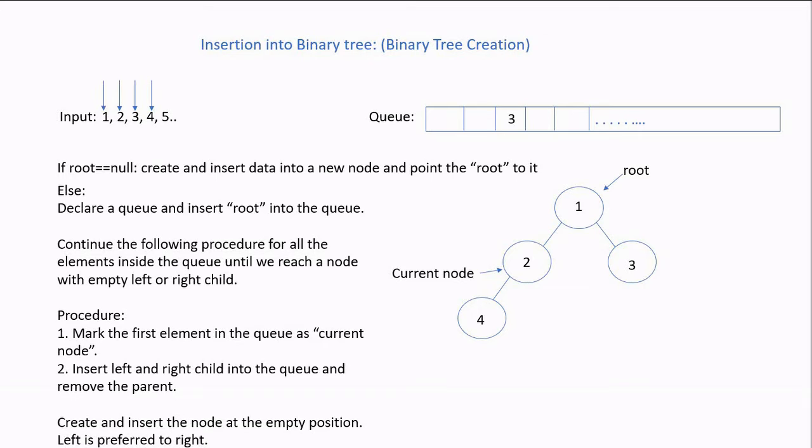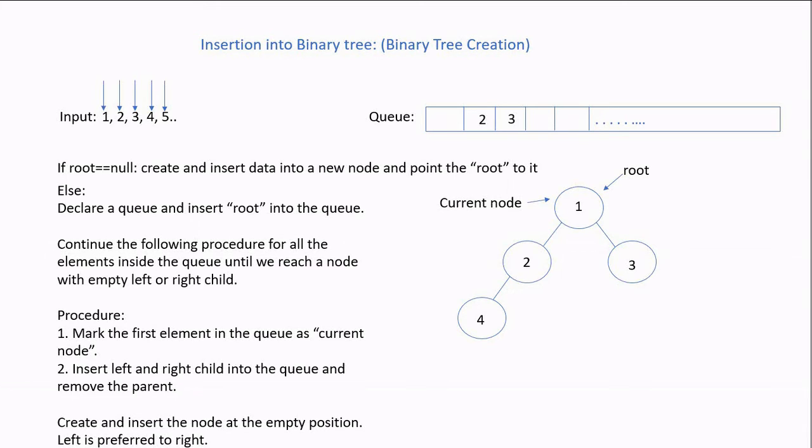Yes, we need to check the root node. It is present and not null, so we insert it into the queue. Then insert all of its children into the queue. Yes, all the children are inserted, so we can pop it out. Then consider the frontmost element in the queue. If it contains both the children, then we need to insert them into the queue and pop it out.